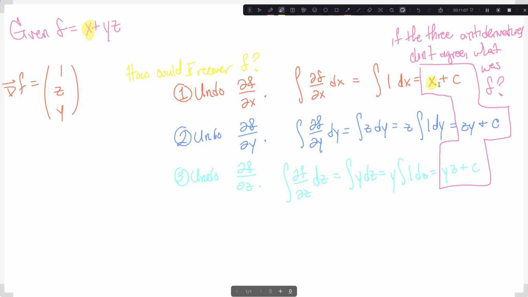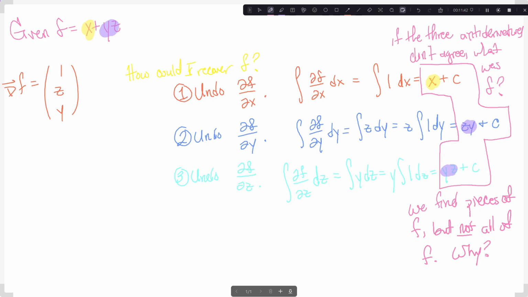There's x, and there's yz. So we find pieces of f in each case, but we don't find all of f in each case. We find pieces of f, but not all of f.